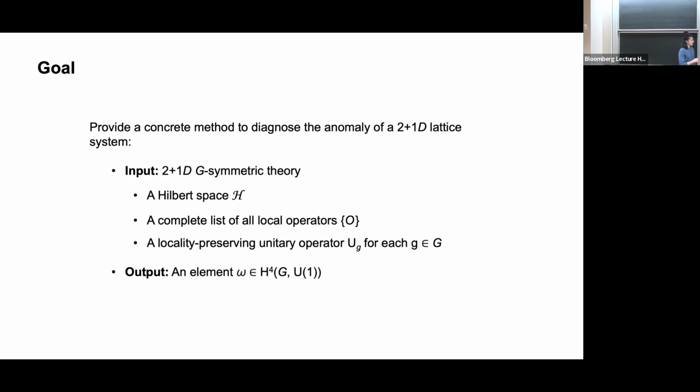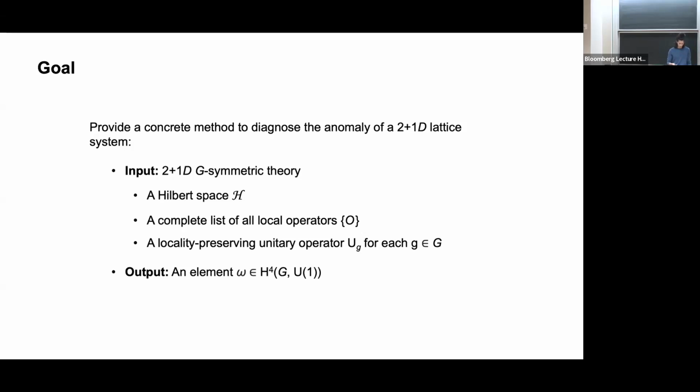Secondly, this Hilbert space needs to be equipped with some notion of locality, which is achieved by giving some complete list of all the local operators on the Hilbert space H. And of course, we also need to say what we mean by our G symmetries. For every group element g, we'll have some locality-preserving unitary operator U_g.